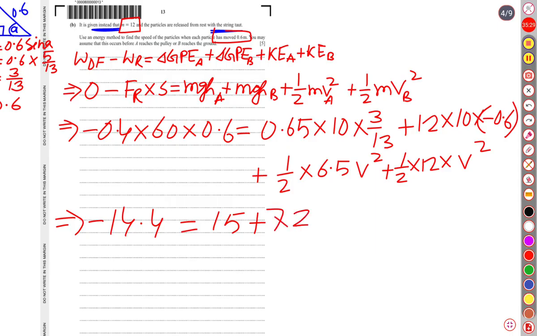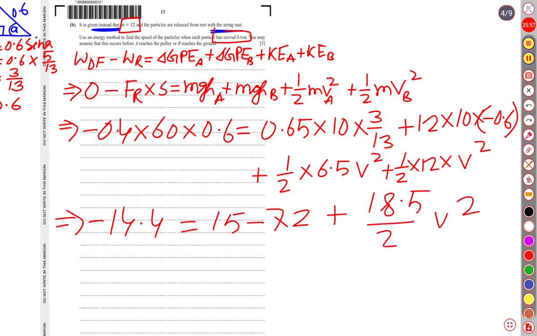It should not be addition, it is going to be subtraction, because the height was negative, so it is negative 72 plus 6.5 and 12, which is 18.5. So half of 18.5, 18.5 over 2, then v squared.